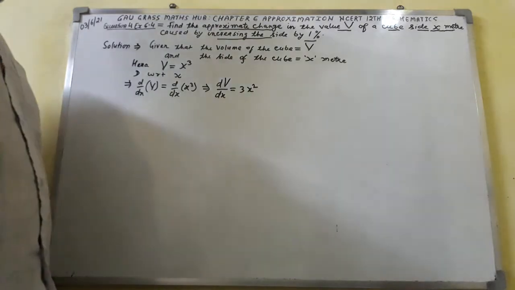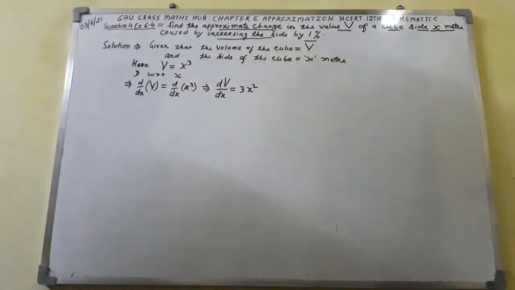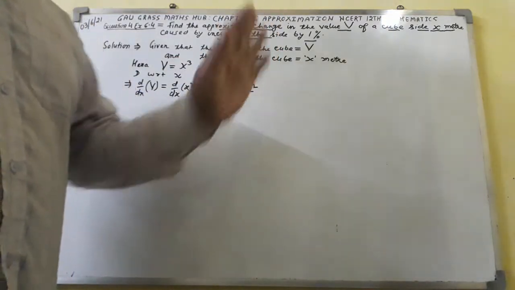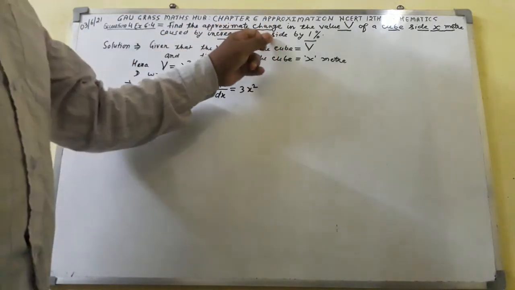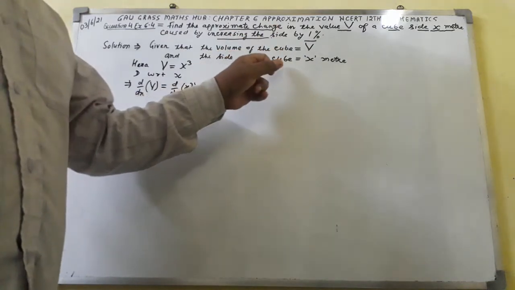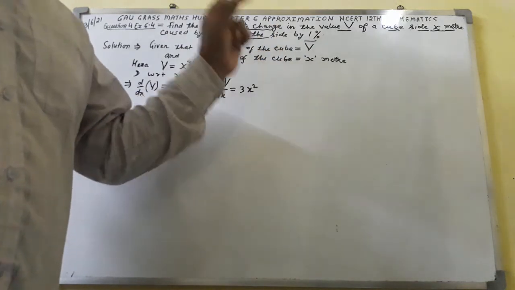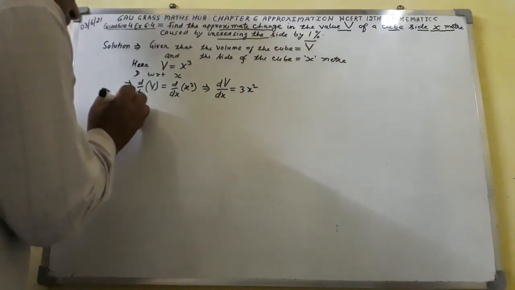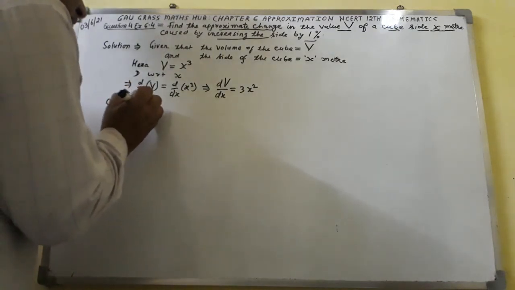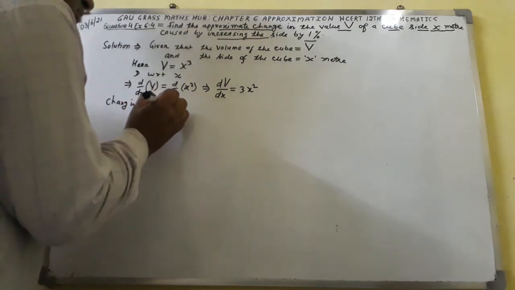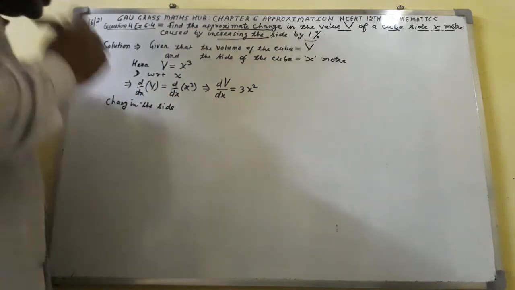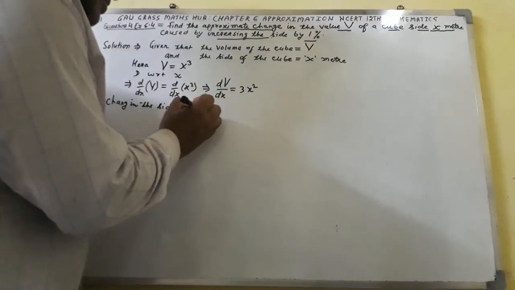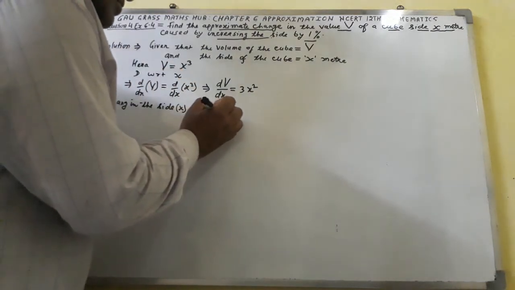Now let us come to the next point. Here you can see the side of the cube is x meter. It is given that by increasing the side, there is a change in the side. So I shall write: change in the side x equals delta x.